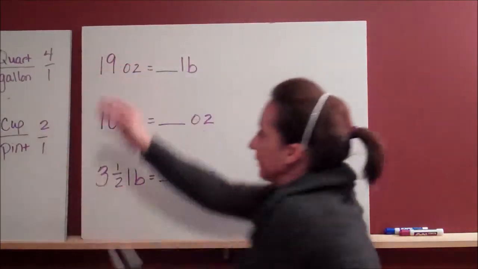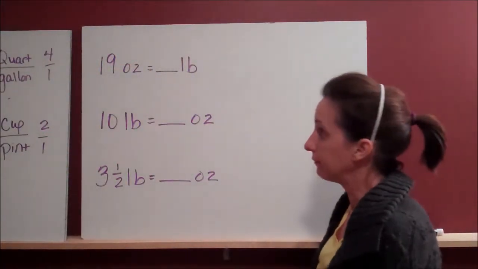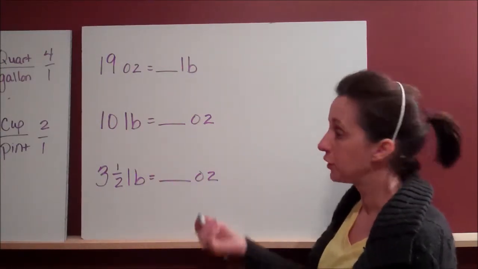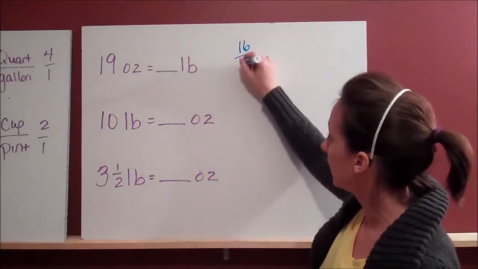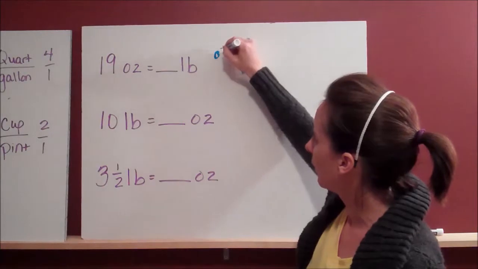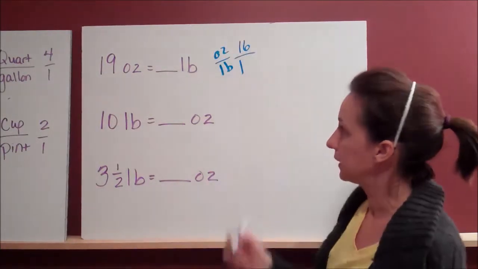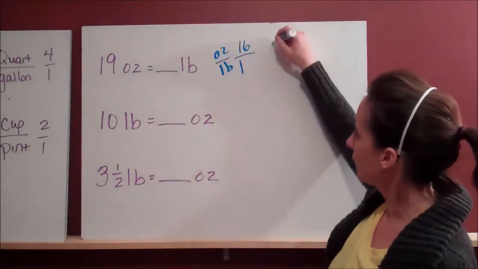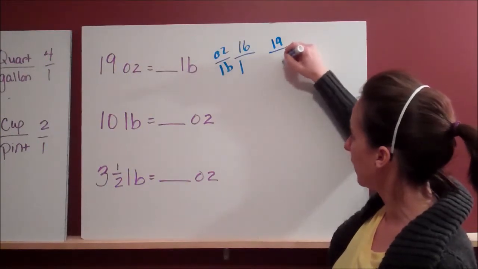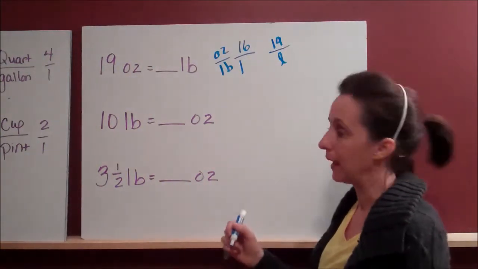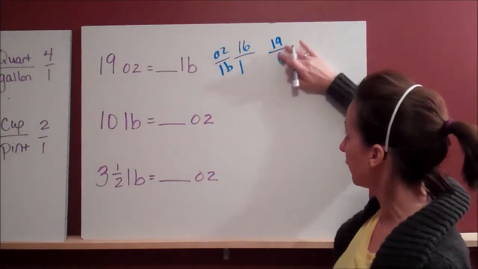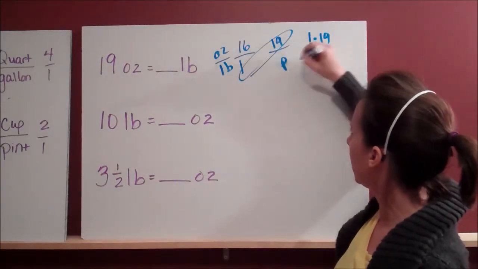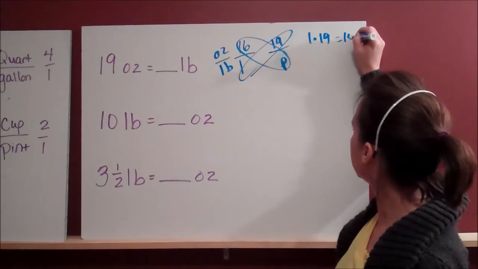Now, this doesn't just work for inches and feet. We're also using it to convert ounces to pounds. And if you'll remember, the relationship we need here is that 16 ounces is 1 pound. So our ratio of ounces to pounds is 16 to 1. So I'm going to put 19 ounces on the top, and a P for pounds, or whatever variable you want, to figure out how many pounds. 1 times 19 is the first side and 16 times P is the second side.